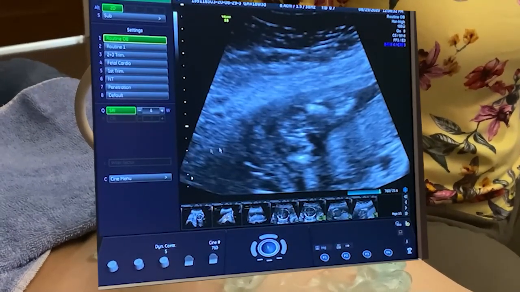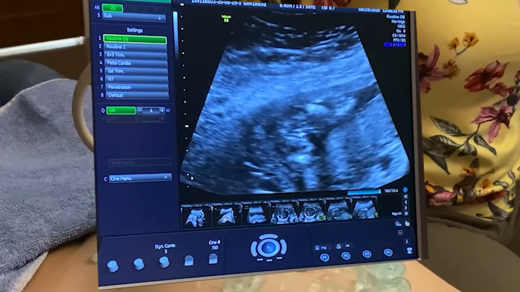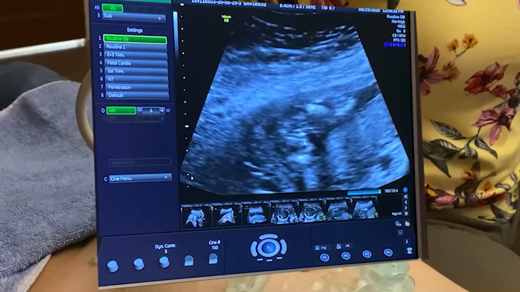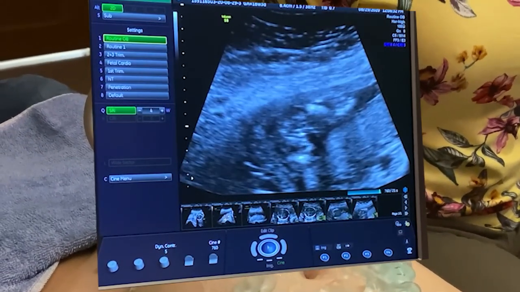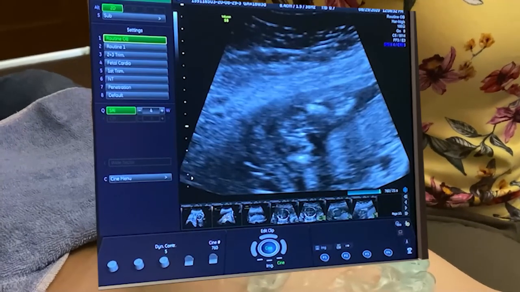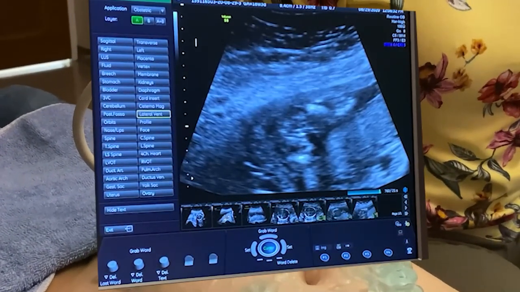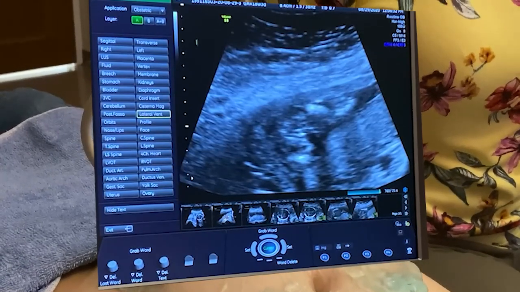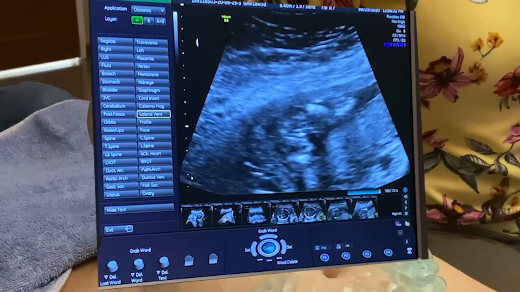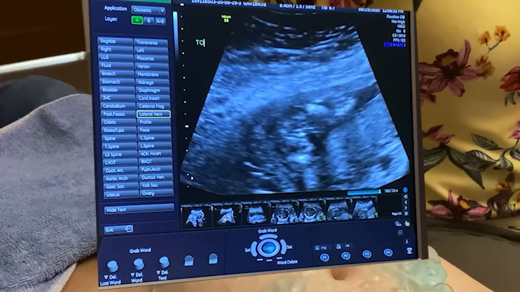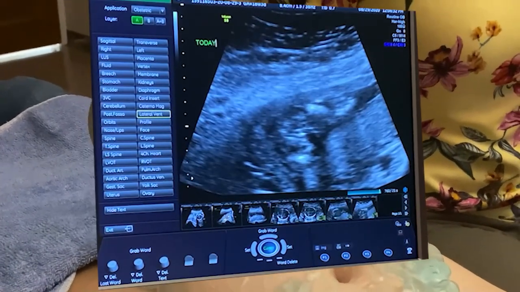But we have these 3 bright white lines, which is hard to appreciate here. And so at this point in time, although I always caution my patients to not paint anything, it looks at this time like it's a girl.